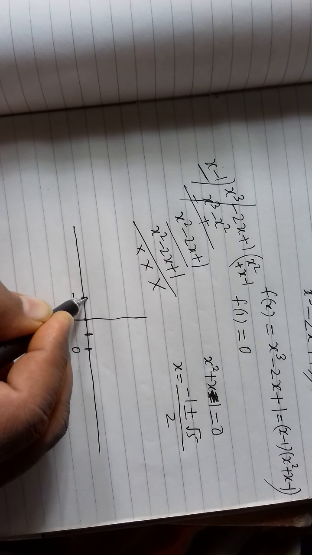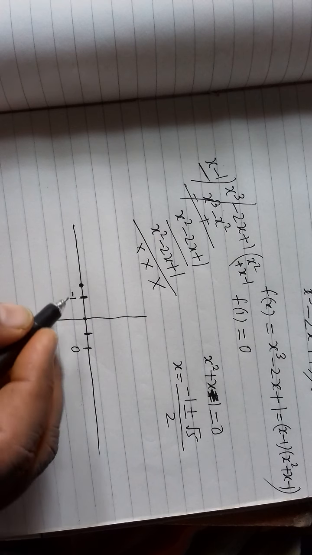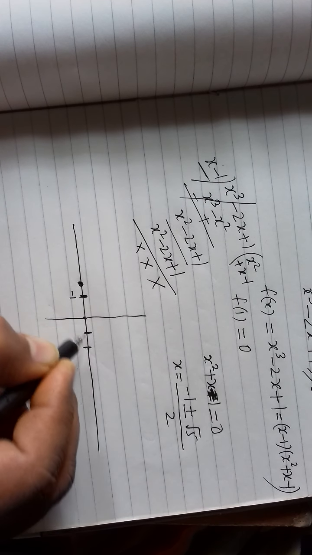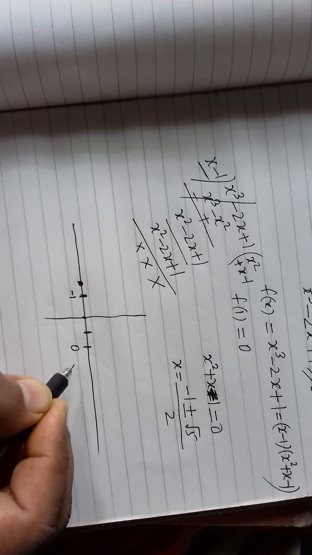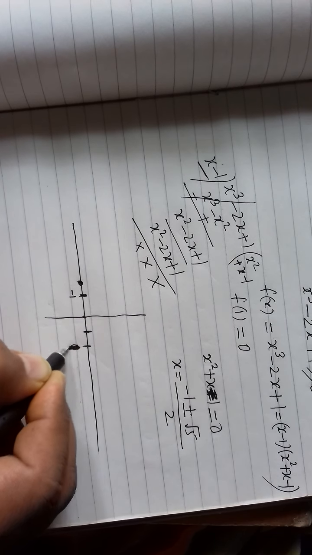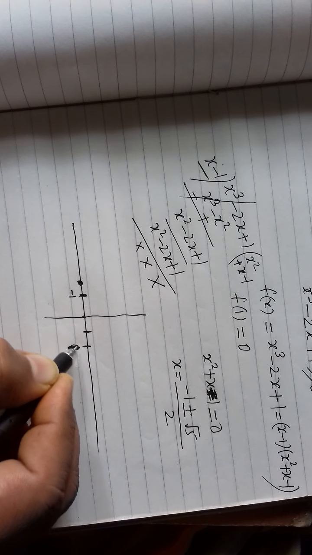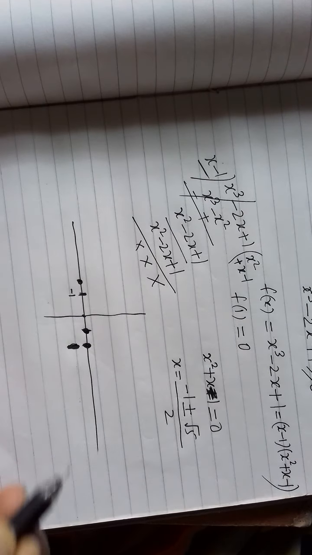Here is minus 1. The third would be like, I am plotting roughly. One point is here, and here will be 1, the second point, and it is the third point.